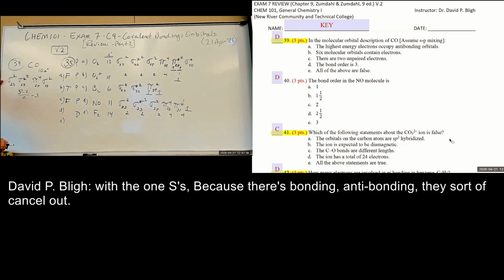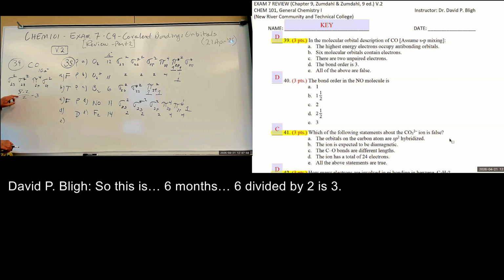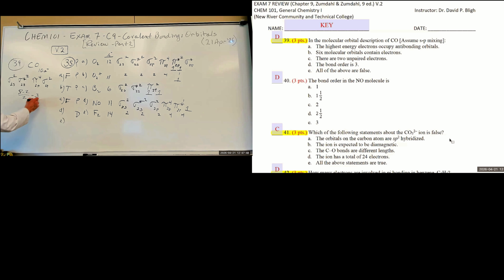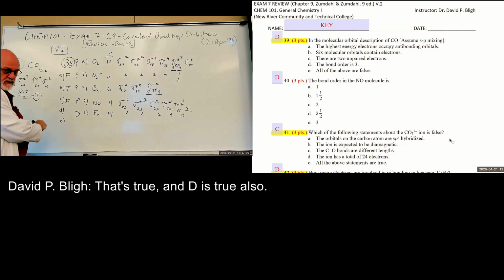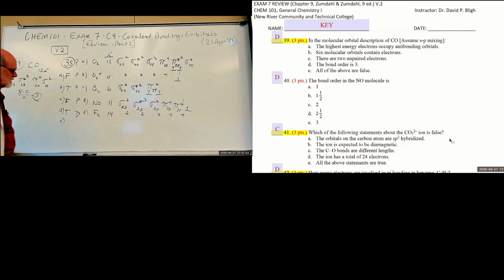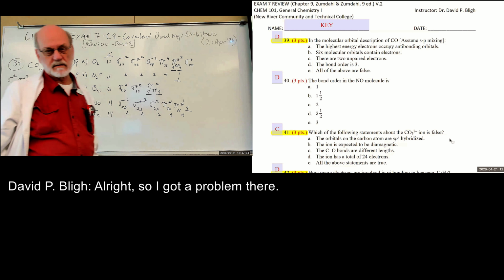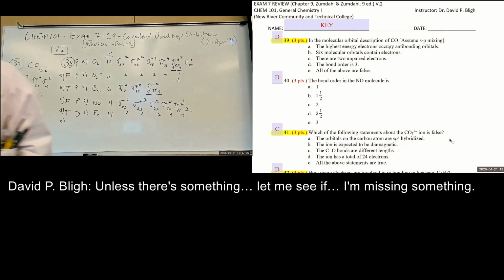It wouldn't change with the 1s's because there's bonding, anti-bonding. They sort of cancel out. So this is 6 divided by 2 is 3. That's true, and D is true also. All right, so I've got a problem there. Unless there's something, let me see if I'm missing something.